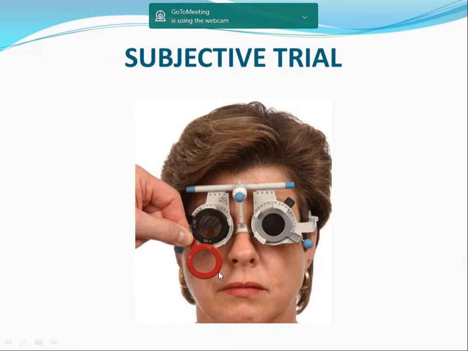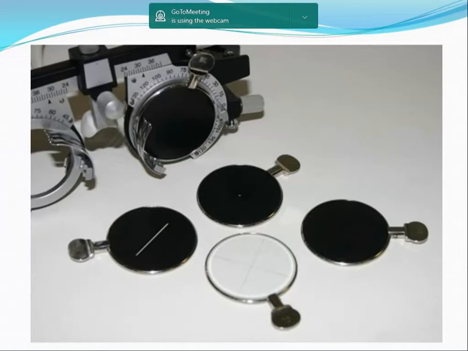Now, let's see a few things apart from the spherical and cylindrical lenses. We have a few important things in the trial set. What are they? This is one. This is called the occluder. It is nothing but a black shield.